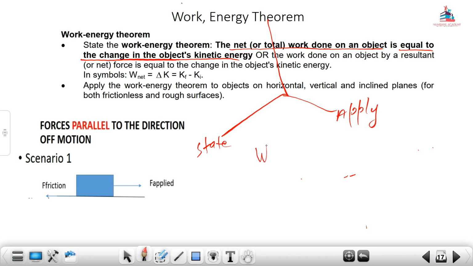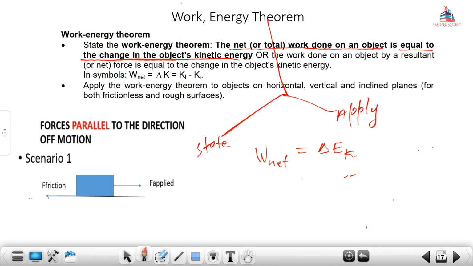They are basically saying the work net, which is the total, is just equal to the change in EK. It's as simple as that. But the majority of us fail to fully understand what the net work is. Hence Nambane started with explaining each simple concept of how to get the work net.